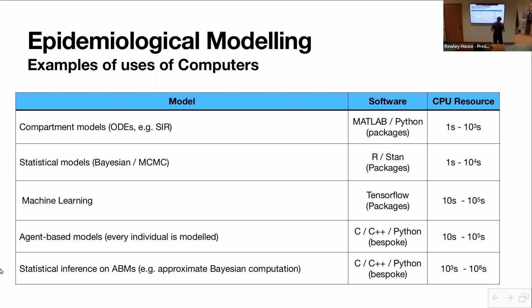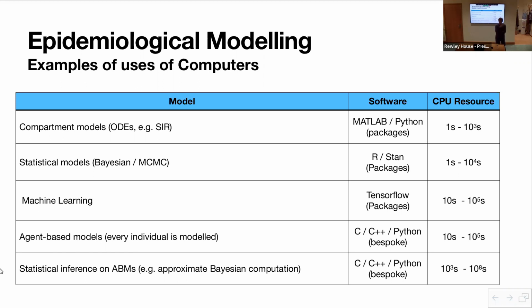For these models, there's no standard way of doing them as such, and so people tend to code them in C or C++, but they tend to be bespoke software as opposed to having some generic platform. Depending on how big the models are, if you're doing a small population or trying to model an entire country, the time it takes to run can range from a few seconds up to a few days.